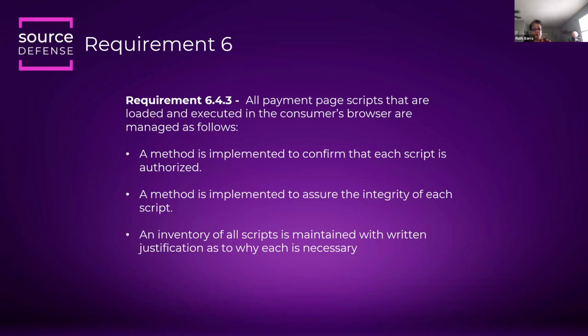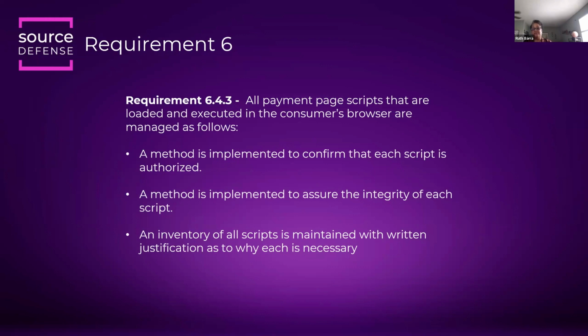They need to be authorized. Someone says, I agree, yes, these are necessary for our business needs. We are not unnecessarily introducing these additional scripts into our environment. There needs to be a balance between what's going to help our business, and we don't want to unnecessarily pull in things that are risky without that justification.